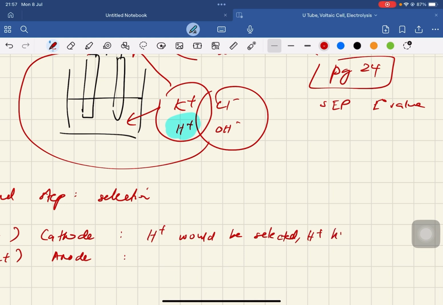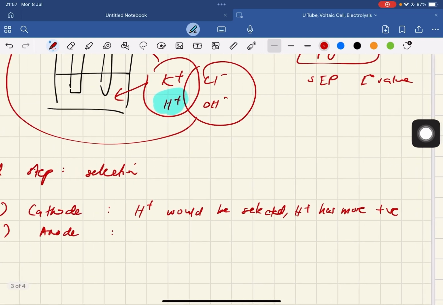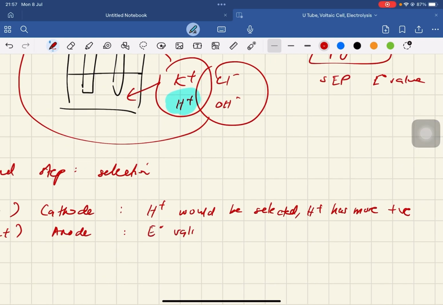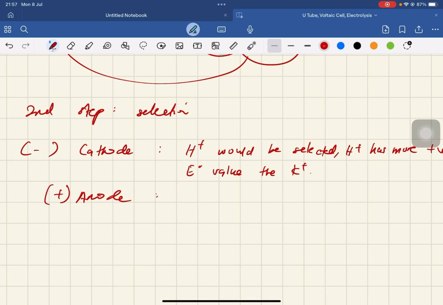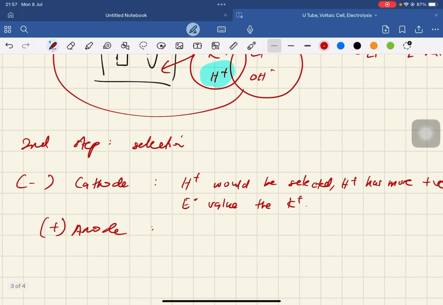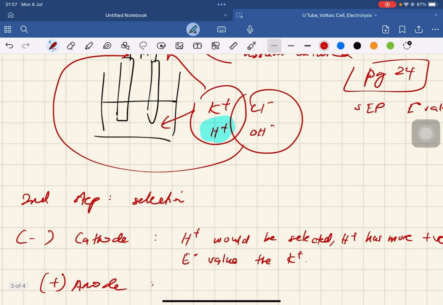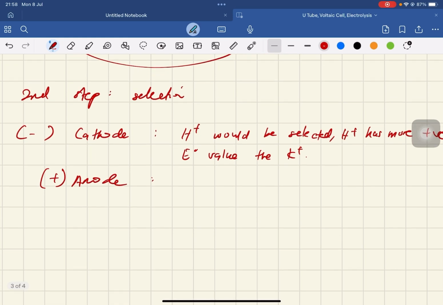H plus has more positive E naught value than K plus. Next, let's look at the anode. It is the reverse: this is a positive terminal, so it will choose the one that is more negative. Between Cl minus and OH minus, you will find that OH minus has the more negative E naught value.